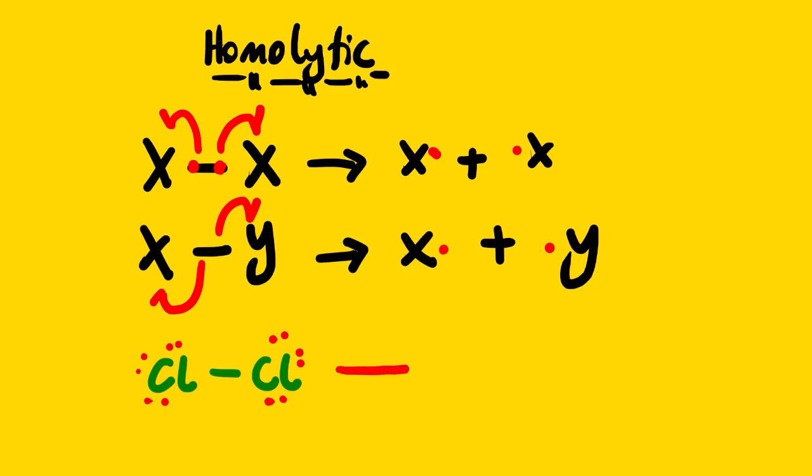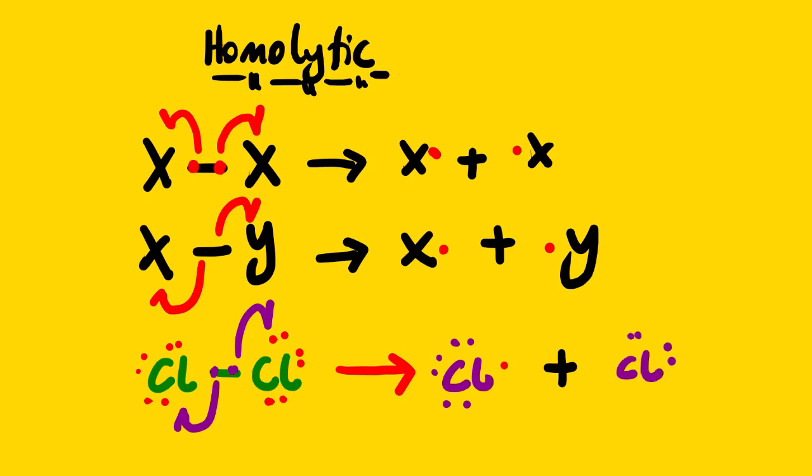Then when they undergo homolysis, the electrons here will be shared equally. When it comes to the colors, it's actually vice versa, but I believe you can see what I'm trying to explain here.